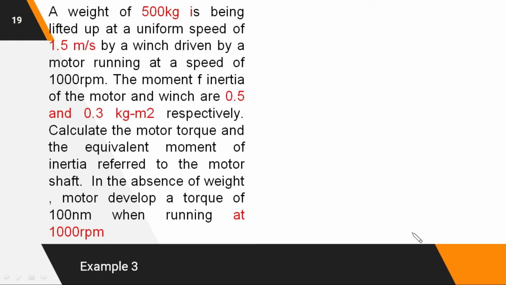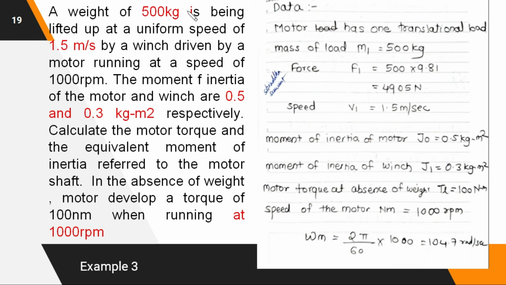Okay. Next, the third example is quite different. A weight of 500 kg is being lifted up at a uniform speed of 1.5 meter per second by a winch driven by a motor running at a speed of 1000 RPM. From this we come to know that the motor has one translation load, because there is a 1.5 meter per second speed.